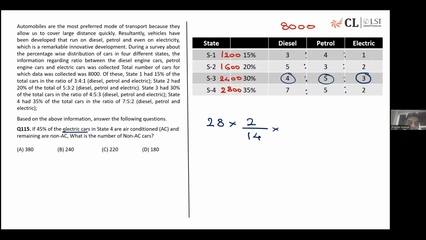So the remaining 55% will be non-AC. 55% is 11 by 20. Now, 14 2s are, and 1 2 will cancel with this 2. Upar mujhe bacha hai 11 2s are 22. Look at an option which starts with 22. That's my answer. So the answer should have been 220.